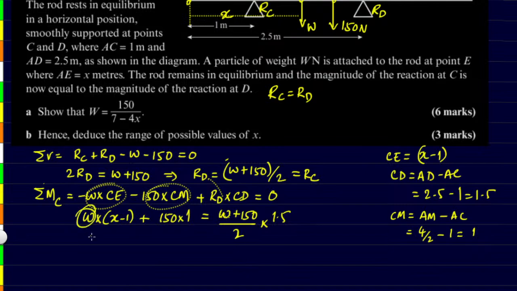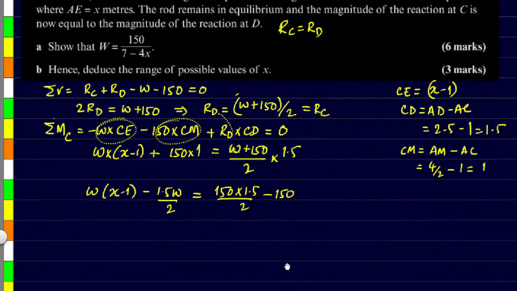W we have here and here, so all the W terms we have to take on one side. This term becomes minus 1.5 W by 2. On this side, what constant is left? 150 into 1.5 by 2. It's on the right side, this is also constant, sent to the other side. Minus 150 we will get here.